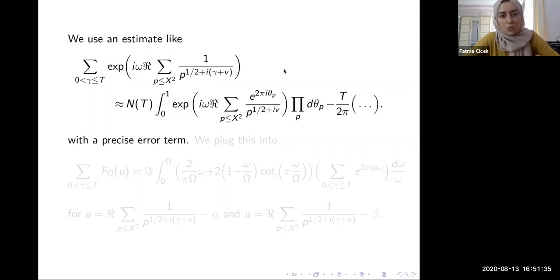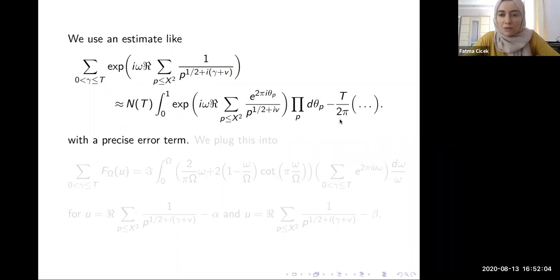And once you do that, using some comparison between the moments of the real part of the polynomial and the real part of the random polynomial, you can write this Fourier transform in terms of the Fourier transform in the random model. And what you will have is this NT, again from the diagonal term, similar to the calculation of the discrete moments.